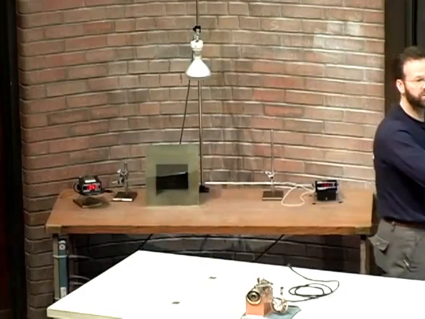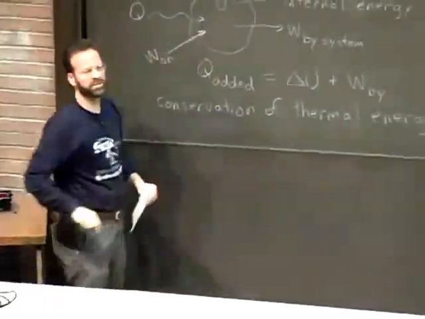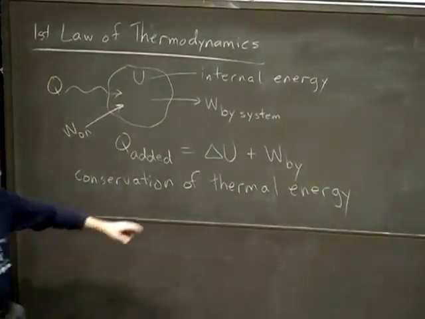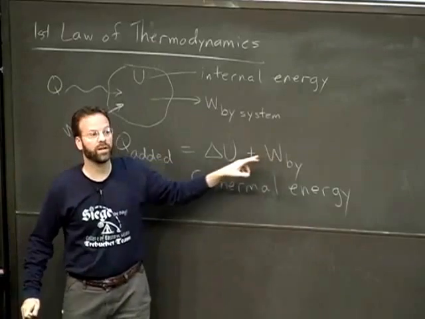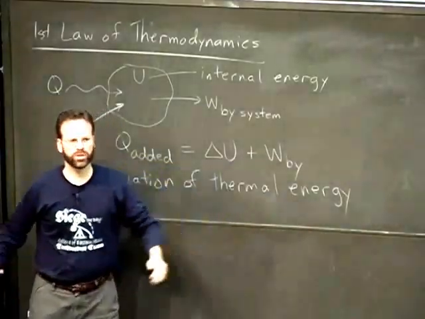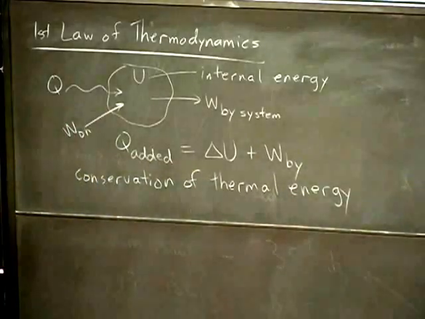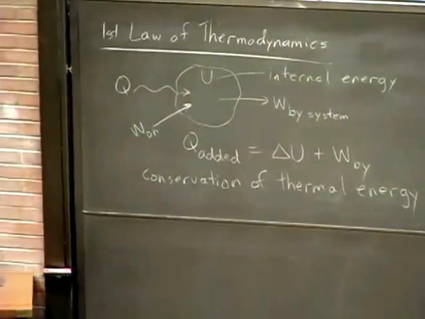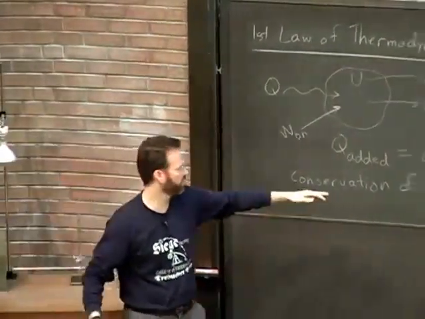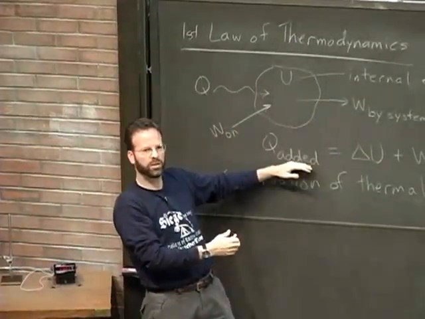You can do work on a system, couldn't you? We could put work into this, but energy is still conserved. Instead of adding work here, we'd subtract it, right? It'd be work on. You do have to pay attention whether the work is going into the system or out of the system. But if you think of it that way, you can remember. Usually when you see this on the internet, first law of thermodynamics, they give you a bunch of these formulas and everybody kind of rearranges them. Some do add, some do output.